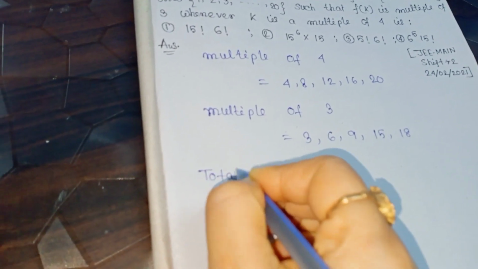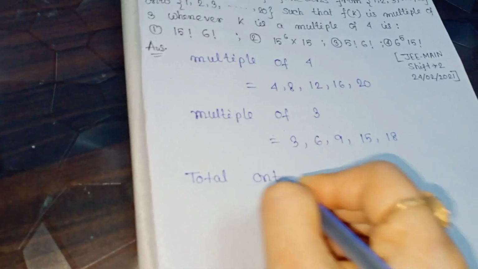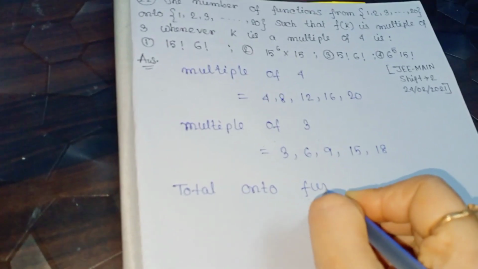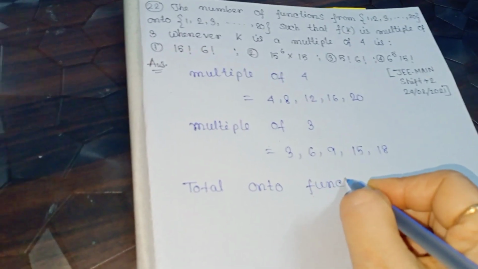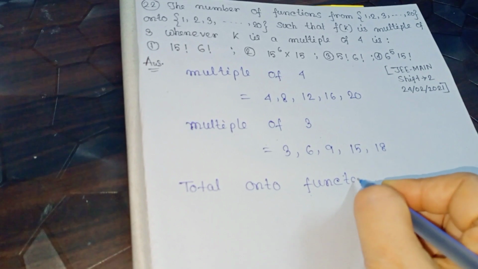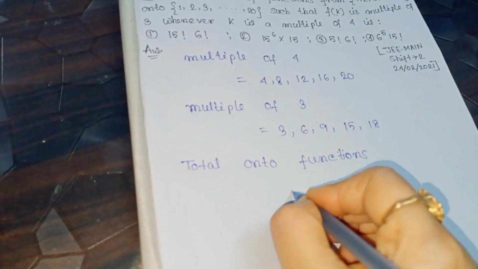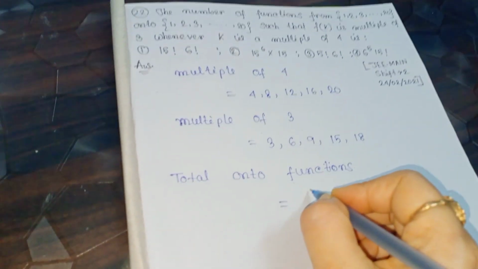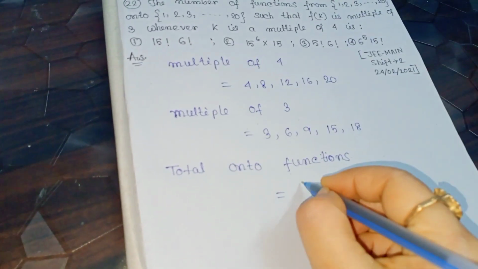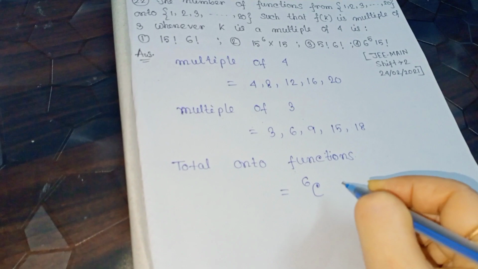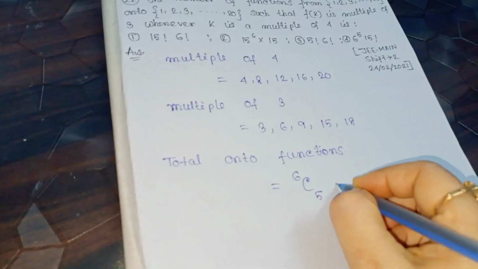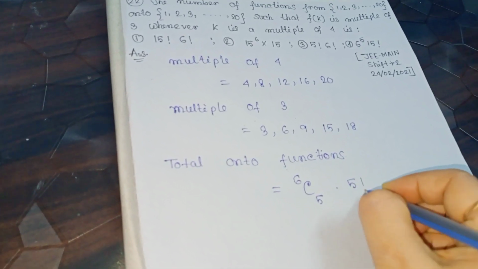So total onto functions is equal to the number of ways I select, 6C5 into factorial 5.